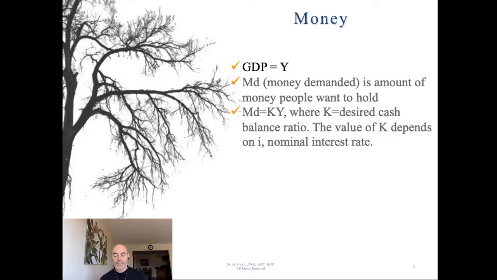Now I am just implicitly building up our discussion towards understanding how the Federal Reserve, or the central bank in any country, when changing interest rates, effectively is changing the cost and the benefit of holding money. So in front of you, historically, you are observing how interest rates are changed by the central bank, due to the desired cash balance ratio, which in turn depends upon the interest rate that is determined at the marketplace.